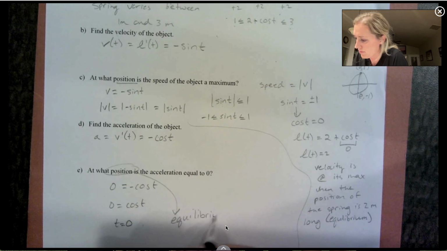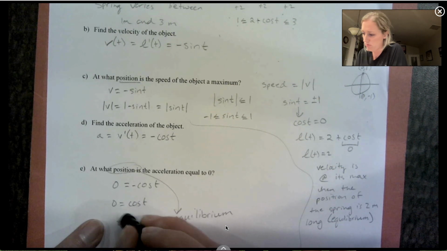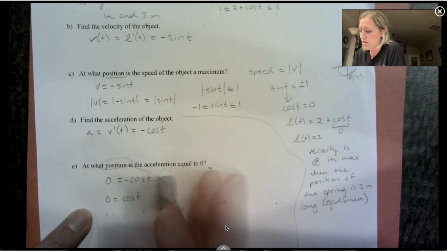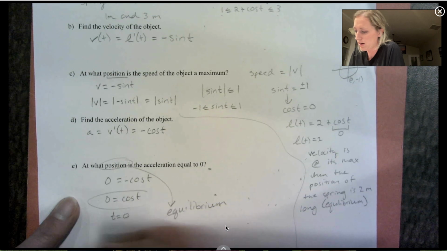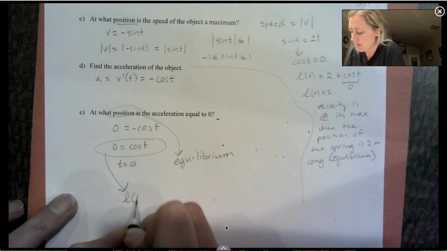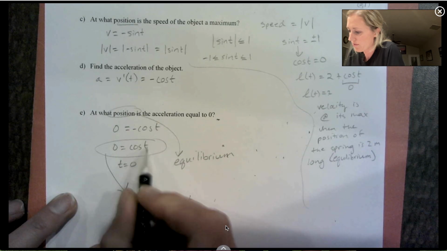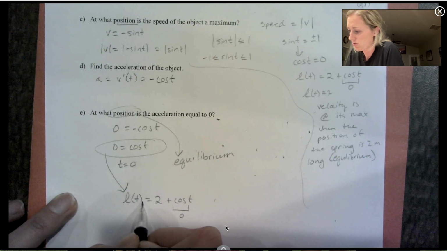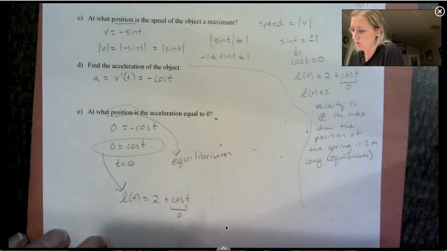When, again, cosine of t equals 0. But again, back to this part. If I look at my position function, L of t is equal to 2 plus cosine t. But again, if I want this part to be 0, then I'm left with just L of t equals 2. So that's the position in which the acceleration would equal 0.